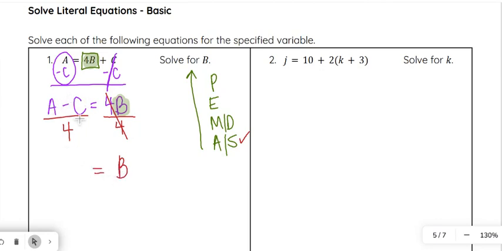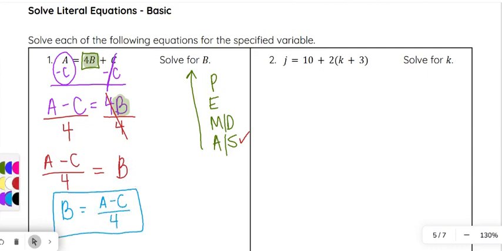A minus C, again, are not like terms, so we can't simplify there. A divided by 4 and C divided by 4 are not going to simplify, so we can just leave this as A minus C over 4. And therefore, we know that our B is equal to A minus C divided by 4, and that would be your final answer on number 1.